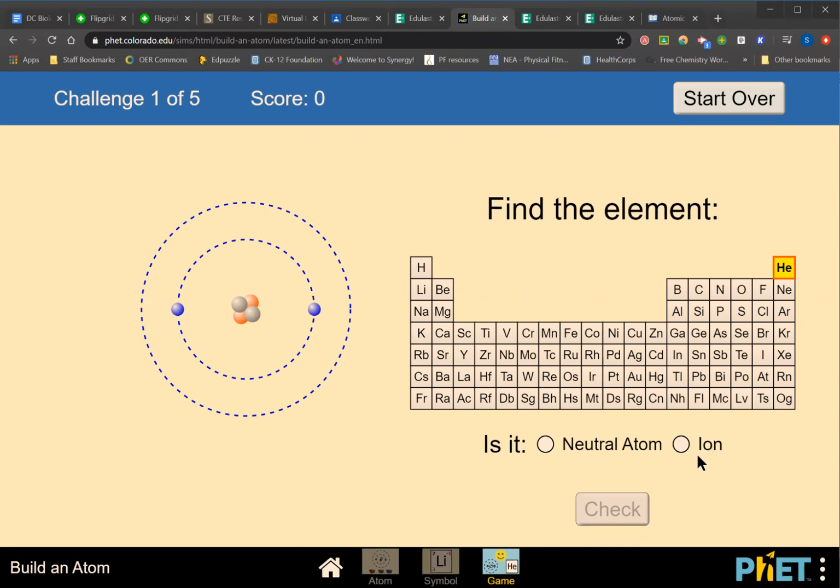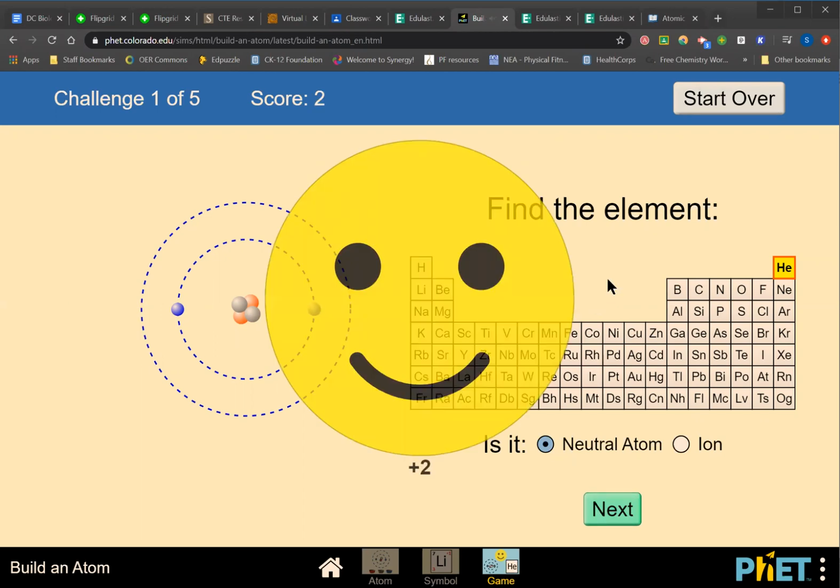What was an ion? Oh, yeah. That's the charged particle. That's if we have not enough electrons. But I have the same number of positive protons and electrons. So it should not be an ion. That should be neutral. Let's check. Hey, I'm right.